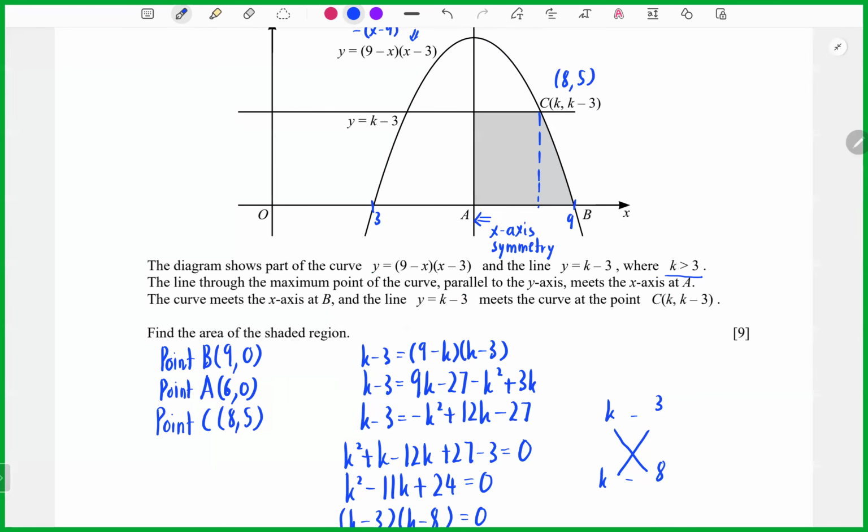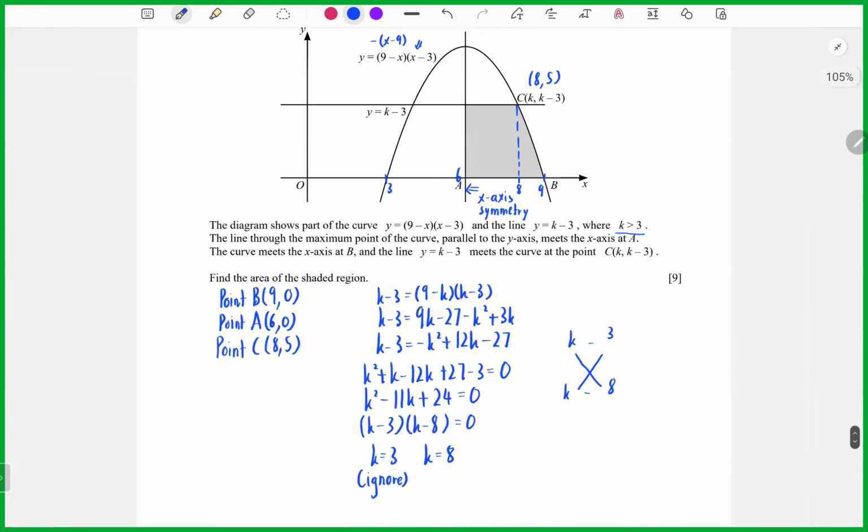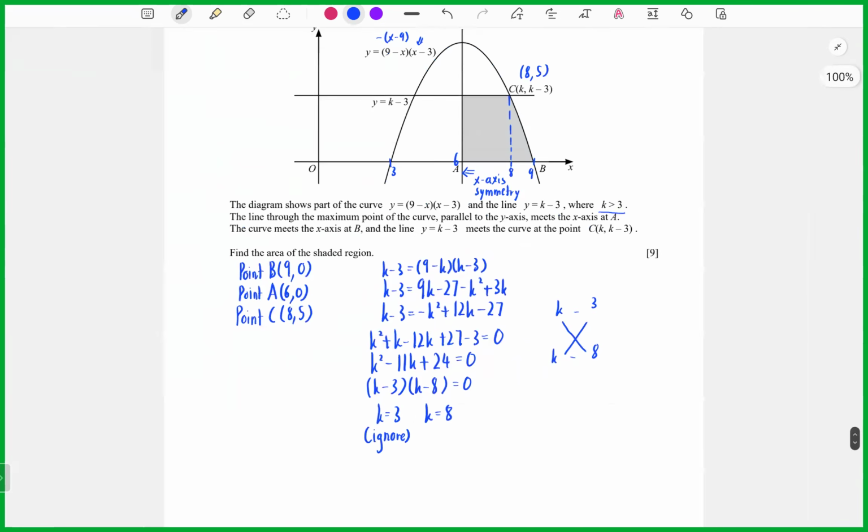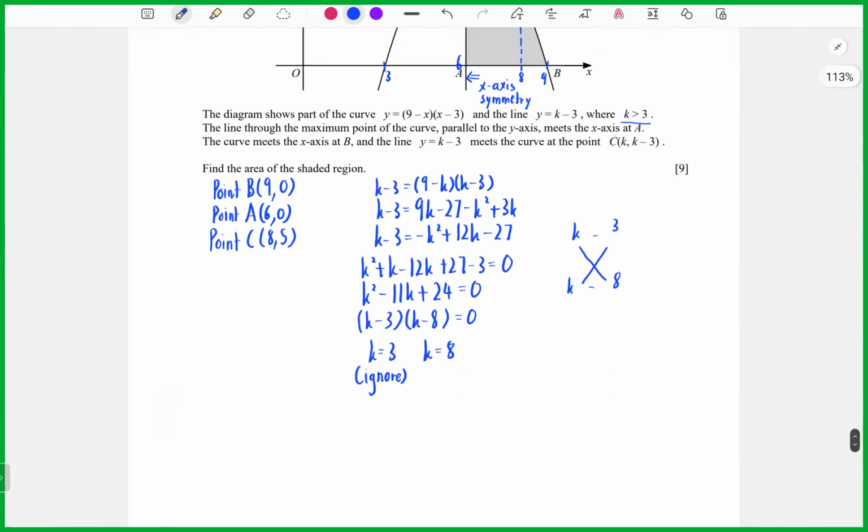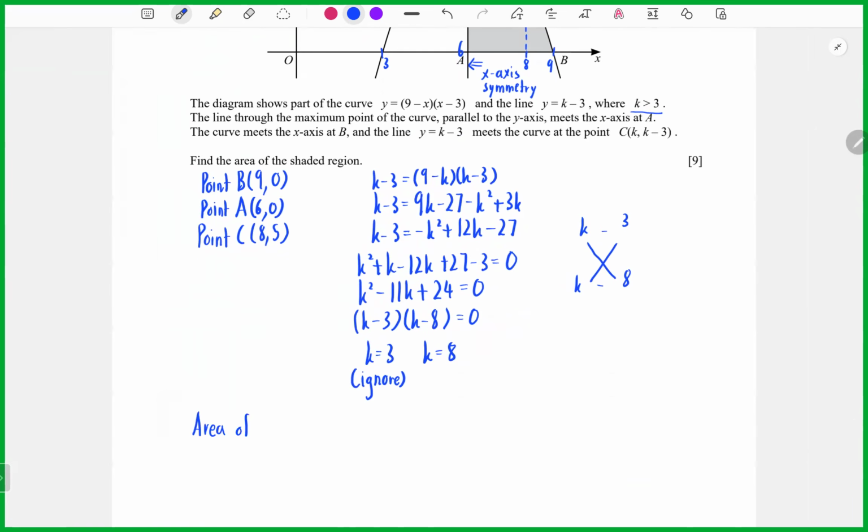First I write here 8, because here is 6, right? And then the height is 5. So now I write here the area of the shaded region.